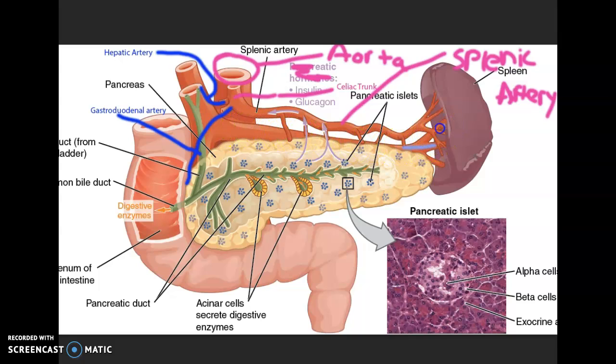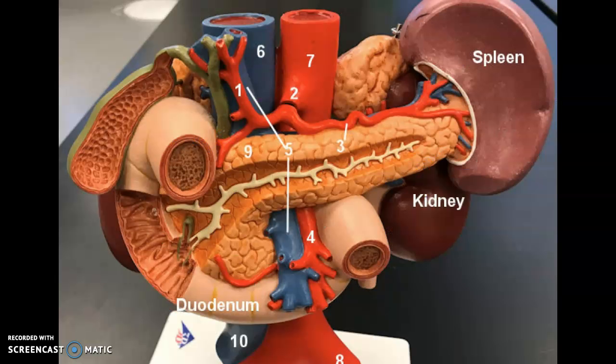This right here is the splenic vein. And it should be like a bluish purplish color like this. So if we look at this picture, it's still the blue of the vena cava. So I want this and the splenic vein. I'm going to put them in green here so you can see it a little bit better.